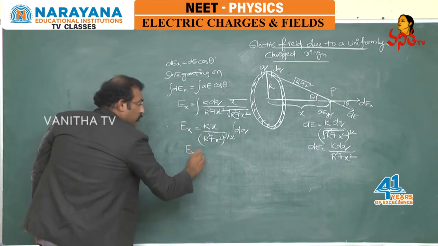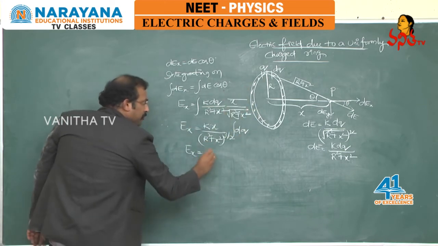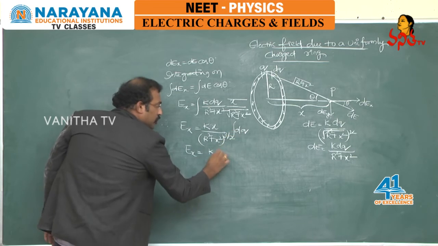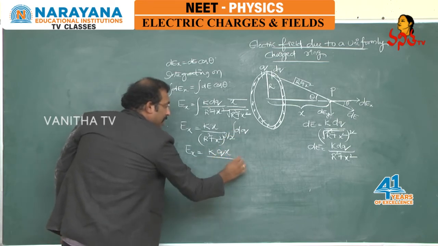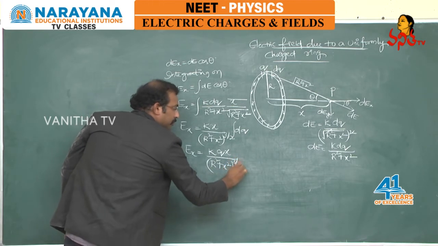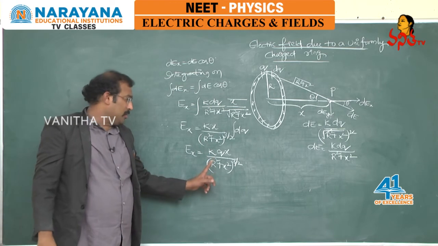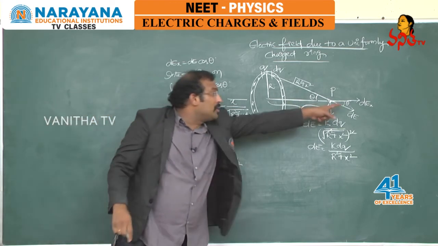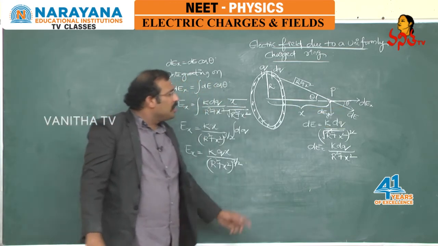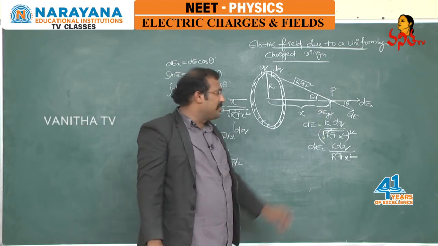So the total charge present on the ring, all the elements added up to give a ring. So k, integral of dq is q, into x by r square plus x square whole power 3 by 2. This is the electric field due to a ring along the axis of the ring. If we calculate the dEy component, you will get 0.